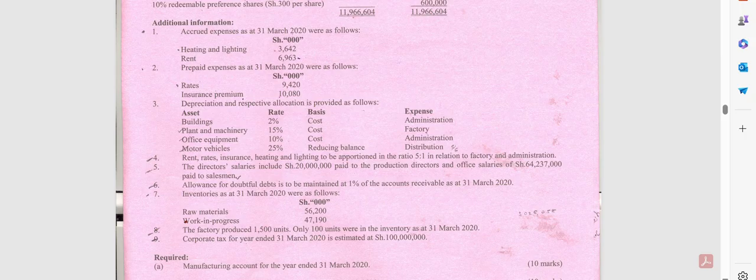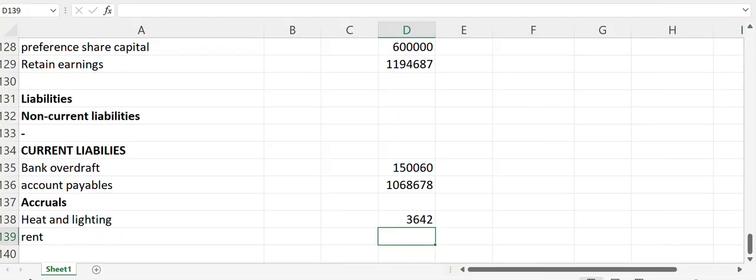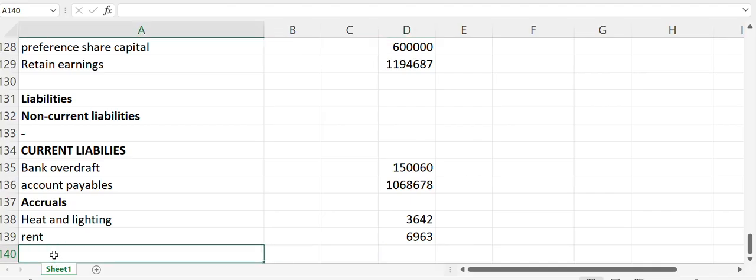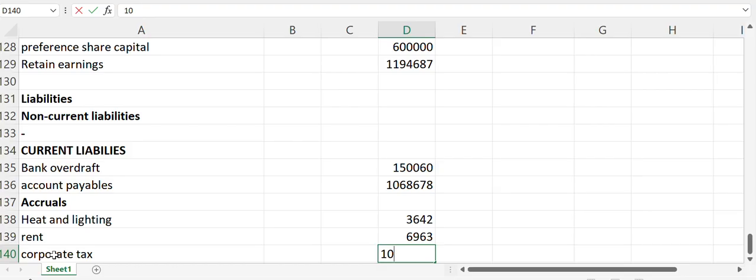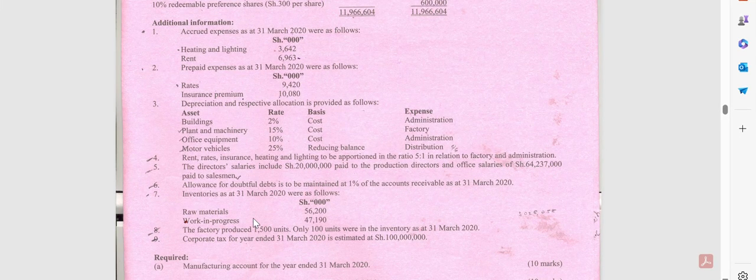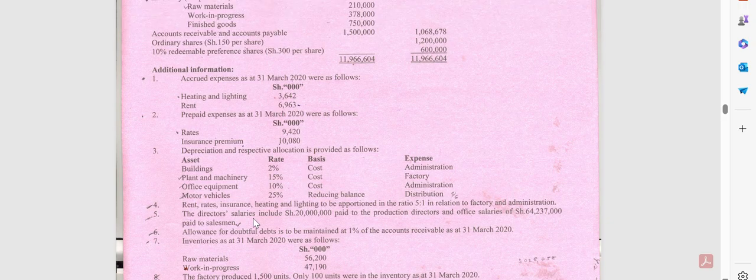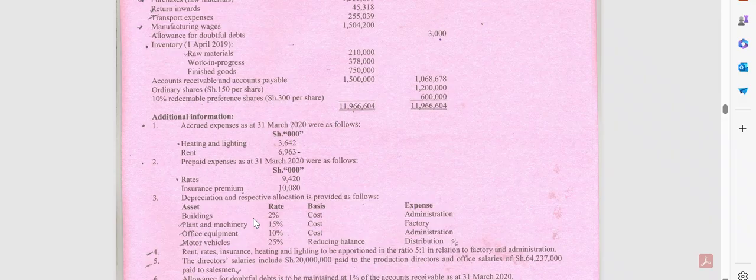Then the other one is 6963. Then we also had corporate tax that was provided. Corporate tax was provided, it has not been paid, so it's a liability. And it was for 100,000. Let us check. Yes, 100,000. So anything else we've not recorded?